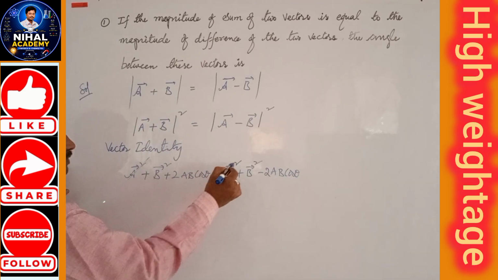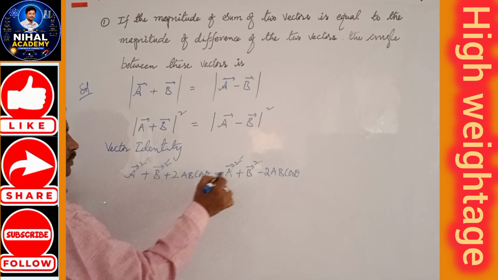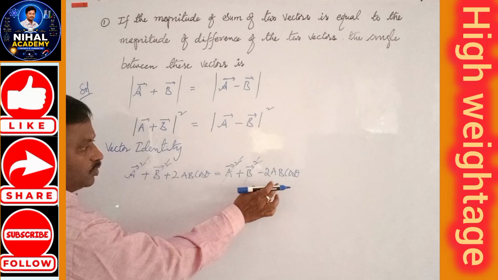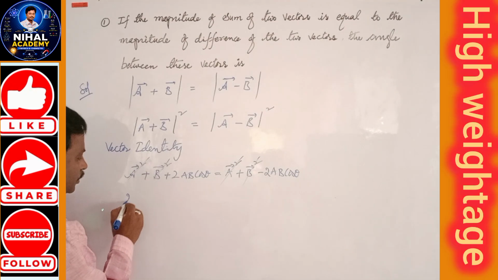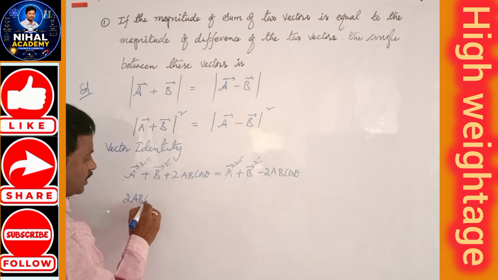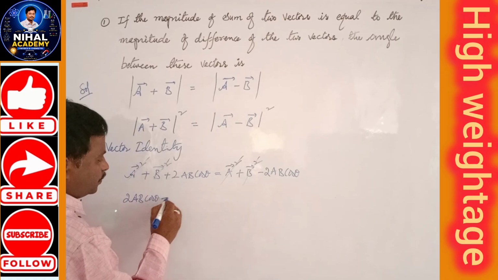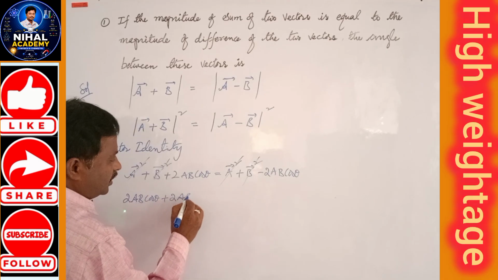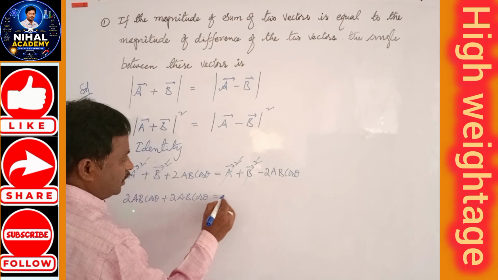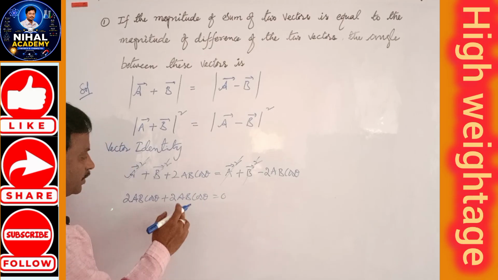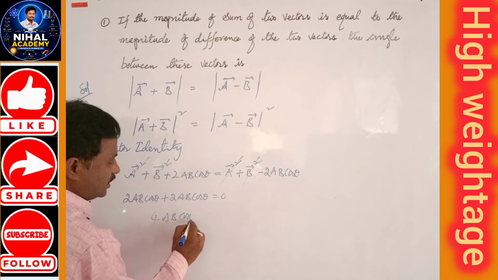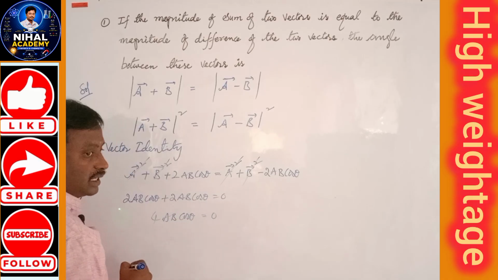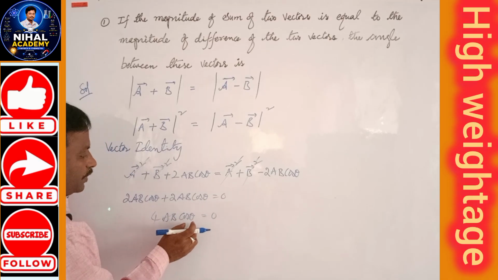Now we can cancel A square and B square, and bring the minus 2AB cos theta to the left side. Then 2AB cos theta plus 2AB cos theta is equal to 0, so 4AB cos theta is equal to 0.